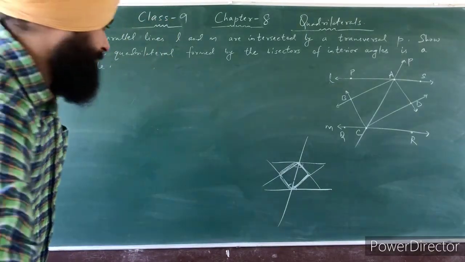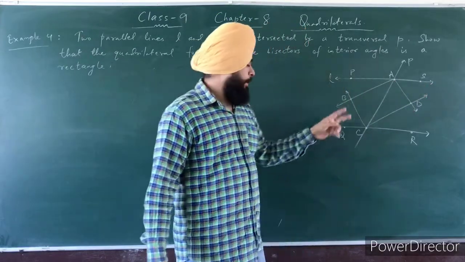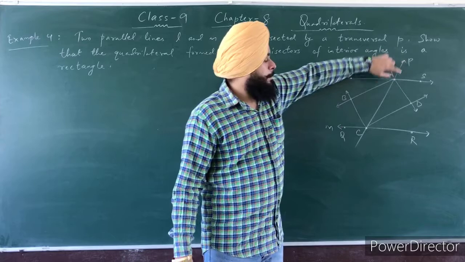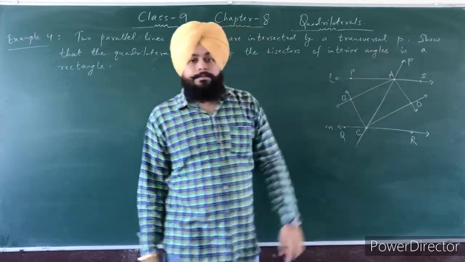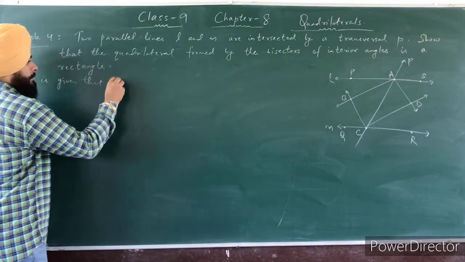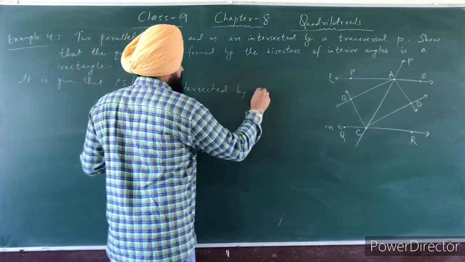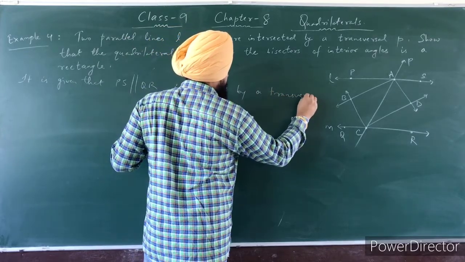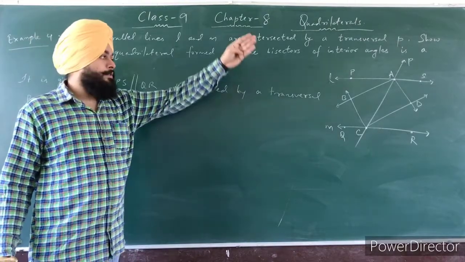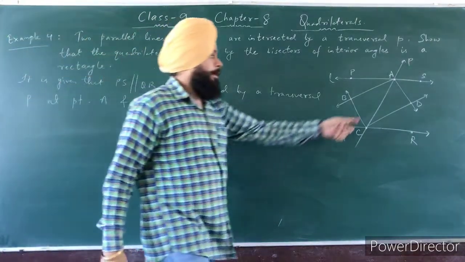So first you can see here, take any 2 points on the line L, that is P and S, and 2 points on the line M, that is Q and R. So it is given that PS is parallel to QR, intersected by a transversal at points A and C.